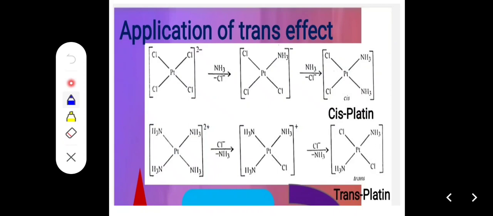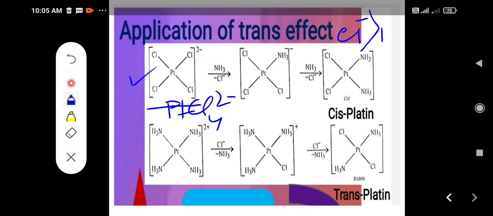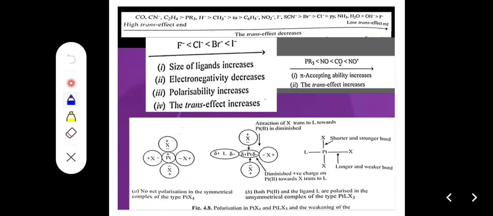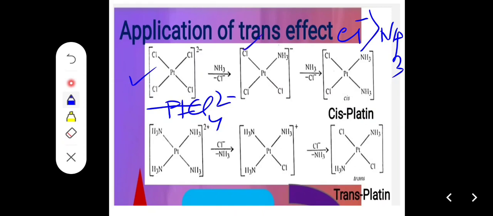So application of trans effect, first for cisplatin we use PtCl4 2 minus. Otherwise we do not produce it. Always remember the trans effect of Cl minus is greater than ammonia. So Cl always directs the incoming nucleophile to trans to it.